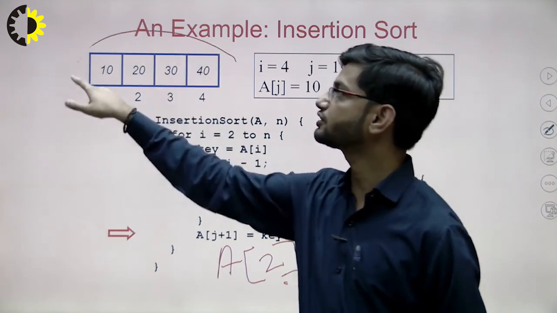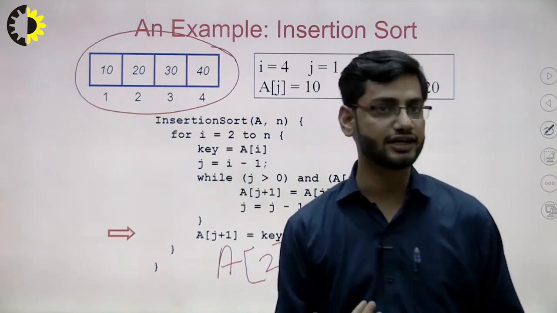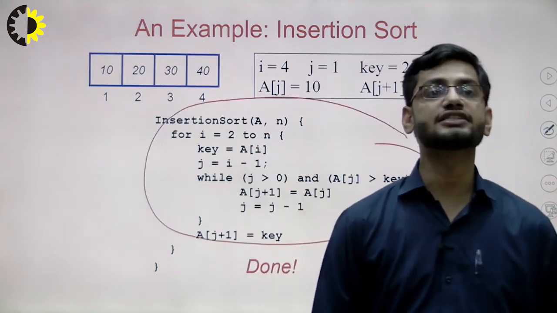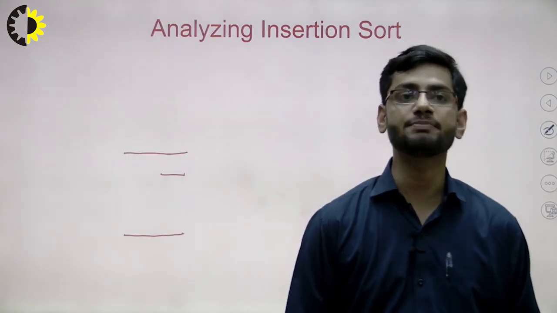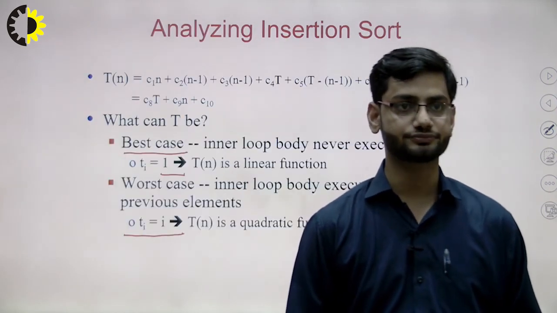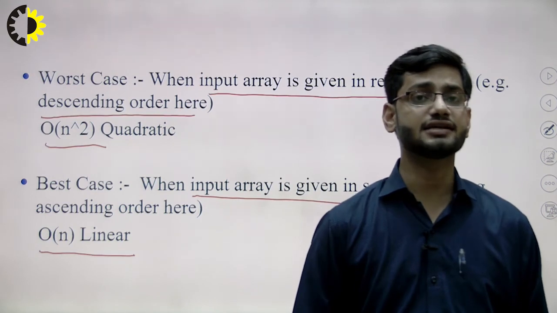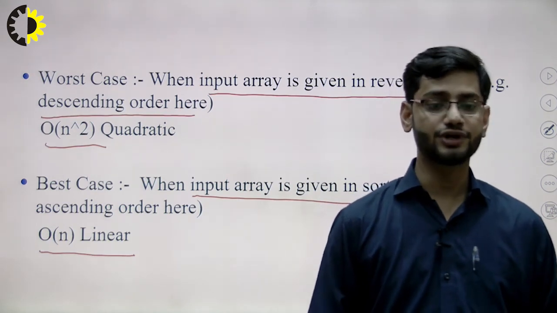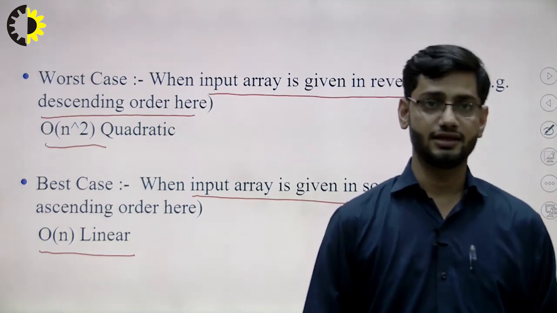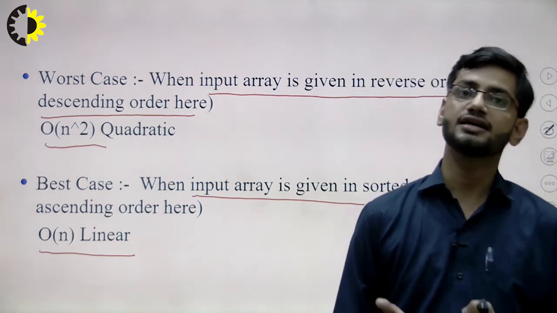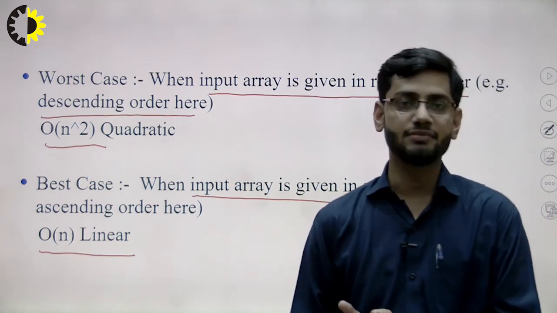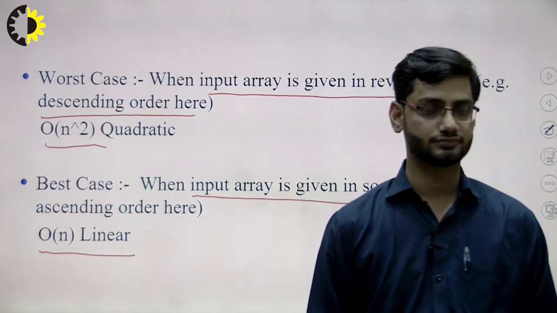I am doing the shuffling in the input array itself. That's why this algorithm is called an in-place sorting algorithm. And you can analyze stable sorting: if you take the same elements in the input array, you will get the same order of the elements in the output sorted array.